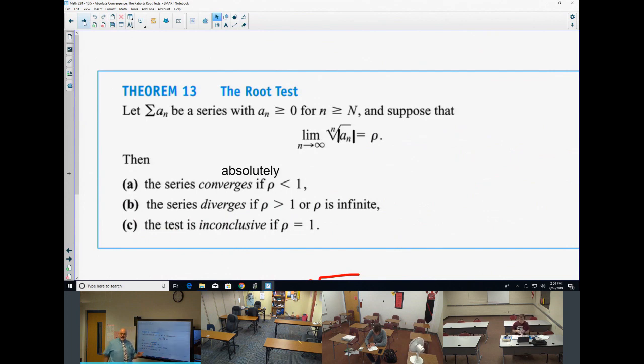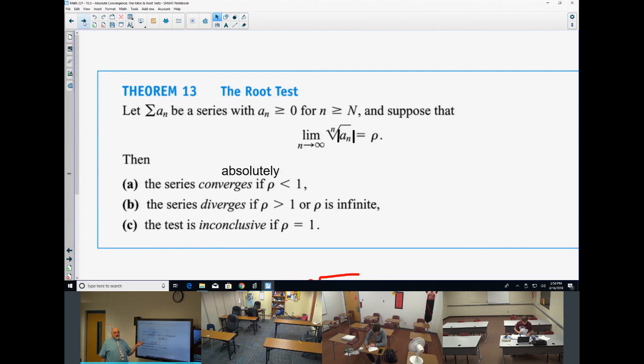We did this with the ratio test yesterday, and we got rho. And then this part right down here was exactly the same as the ratio test: the series converges if rho is less than 1, the series diverges if rho is greater than 1 or infinite, and the test is inconclusive if rho equals 1.